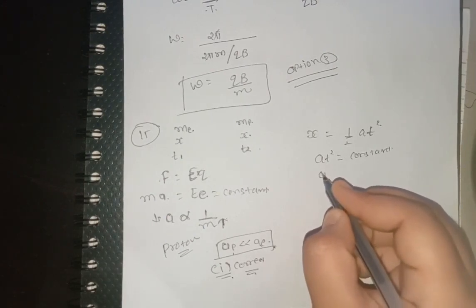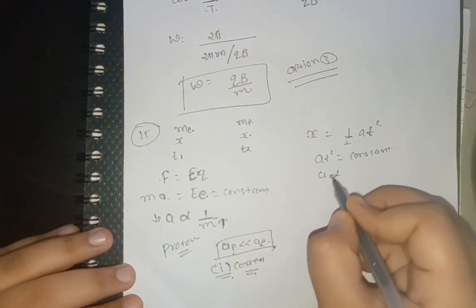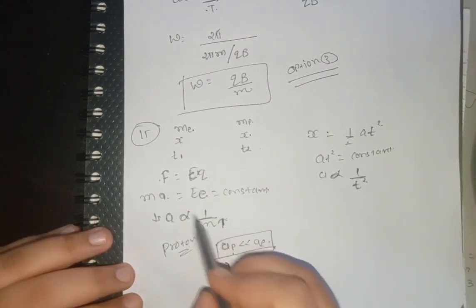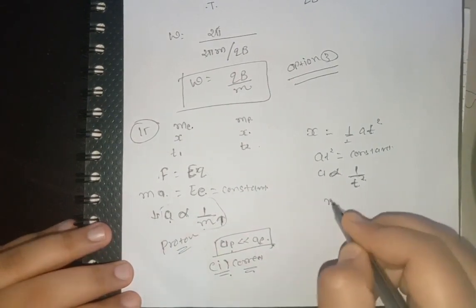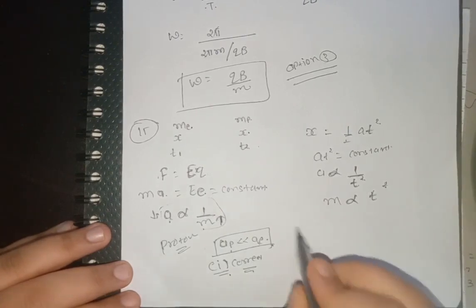So acceleration is inversely proportional to t square, and we know from here acceleration is inversely proportional to mass, so we can simply say mass is directly proportional to t square.